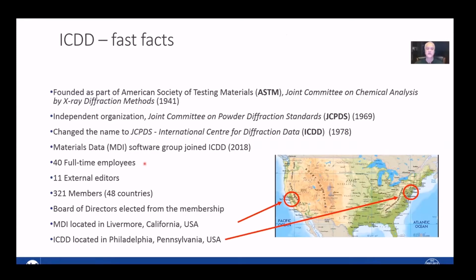We have 40 full-time employees, 11 external editors, 321 members, and a board of directors elected from the membership, with the MDI group located in Livermore near San Francisco, California, and the ICDD database group located in Newtown Square near Philadelphia, Pennsylvania, USA.